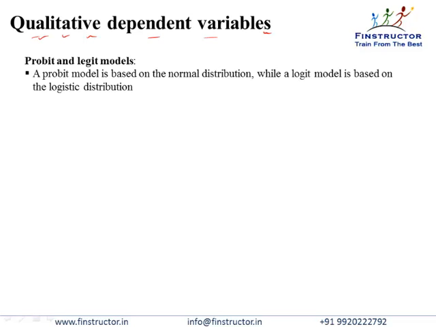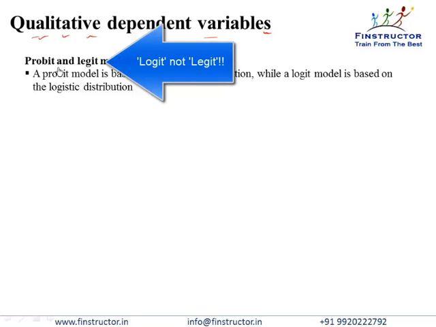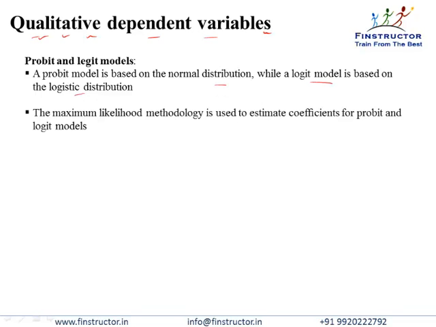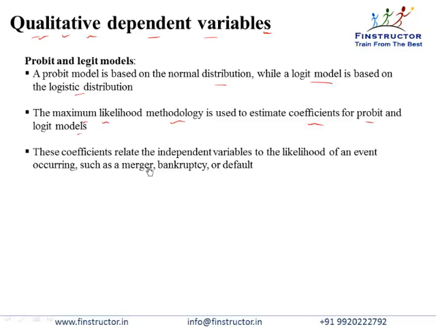The details of the models are not there. However, the first category is that of probit and logit models. A probit model is based on the normal distribution, while a logit model is based on the logistic distribution. We use the maximum likelihood methodology, details of which you do not have to know, to estimate the coefficients for the probit and the logit models. These coefficients relate the independent variables to the likelihood of an event occurring.